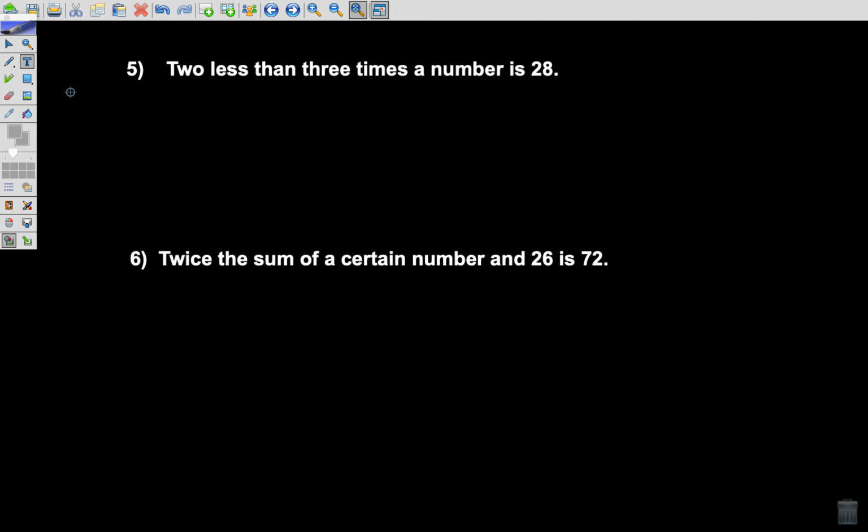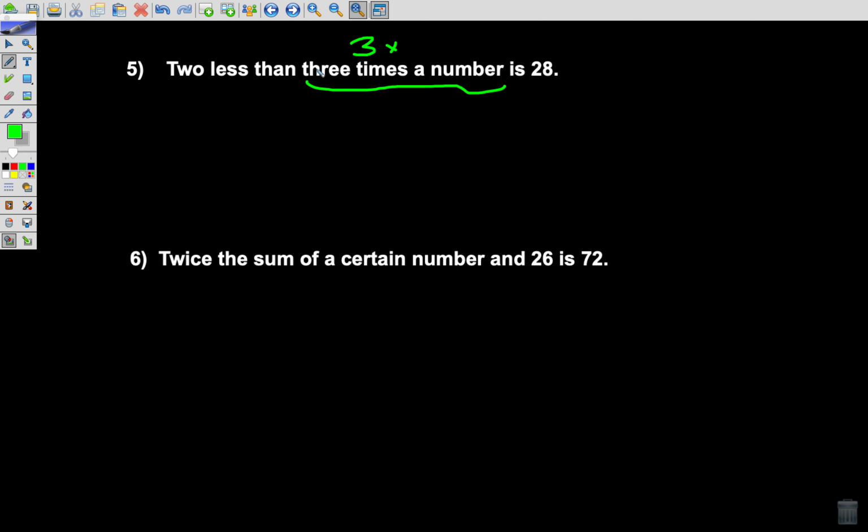All right, number 5, 2 less than 3 times a number is 28. Now, this is different. It doesn't say less 2, it says 2 less than. So it's 2 less than something, and that something is 3 times a number. So we start here: 3 times a number is 3x.